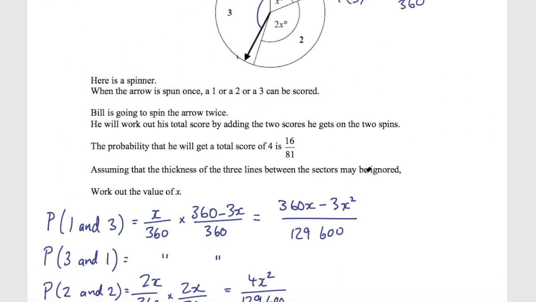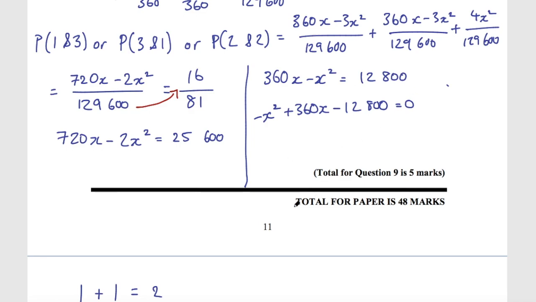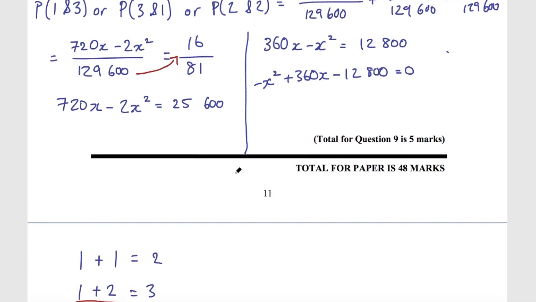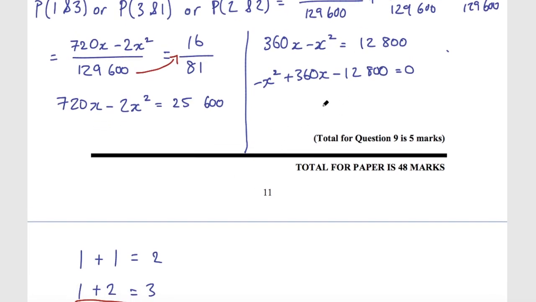So I've reduced this whole problem down to a simple quadratic, which I can now solve. One other thing I could do is divide everything by minus 1. So when something equals 0, you can change all of the signs simultaneously, and that's just going to make it a little bit easier to solve. So this can change to plus x squared minus 360x plus 12,800 equals 0.